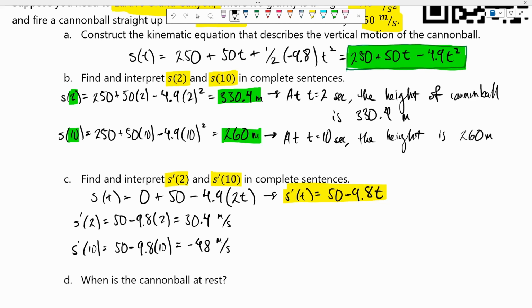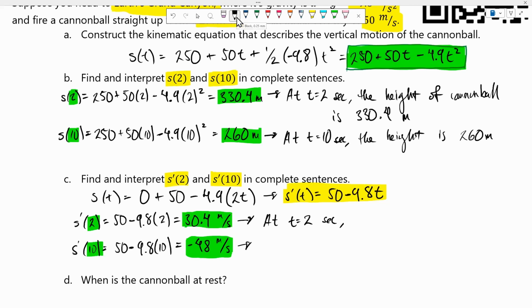Okay, hopefully you guys see what's going to happen now. I need to interpret these. I need this in complete sentences, right? What we just found, right? The start is still the same, right? At t equal 2 seconds, okay? I'm going to highlight the important bits, 2 and the 30.4, and then the 10. Okay?